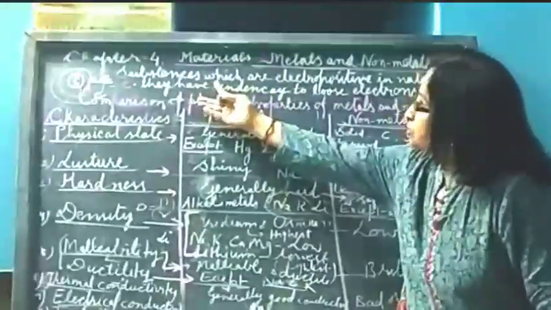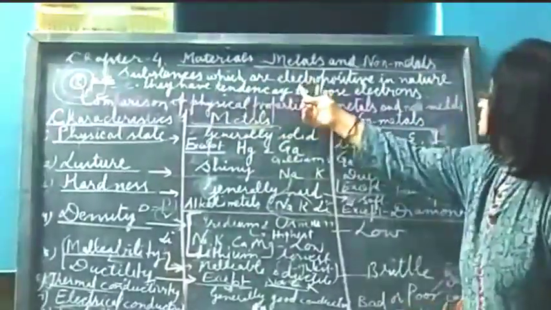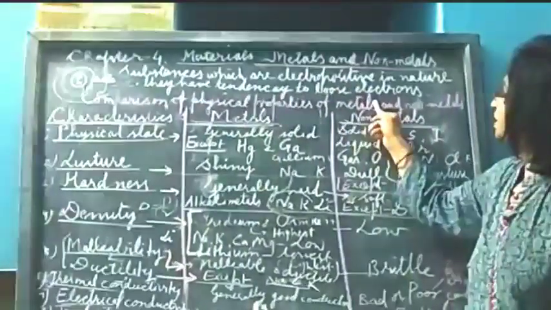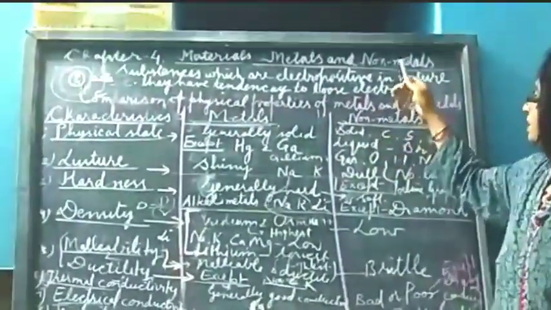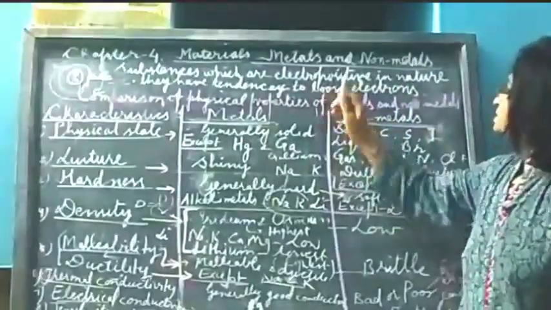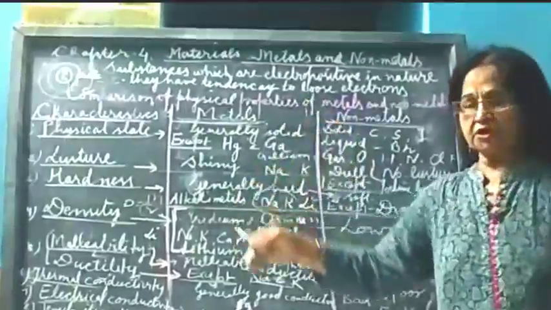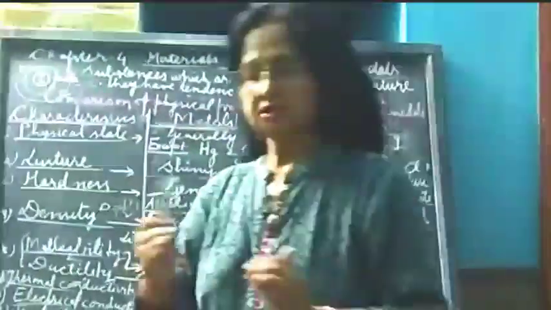Metals will lose electrons, so they will keep a positive charge, and non-metals will gain electrons, so they will keep the opposite, negative charge. So I think your concept regarding the physical properties of metals and non-metals is clear.